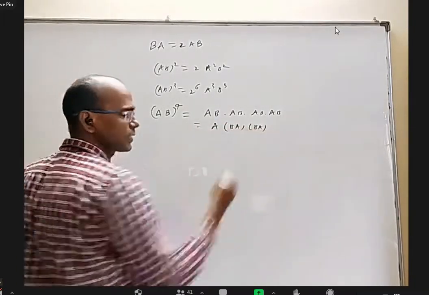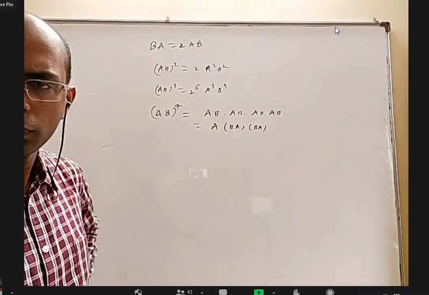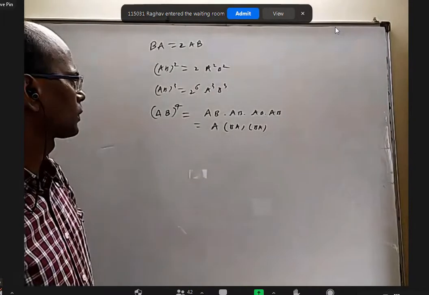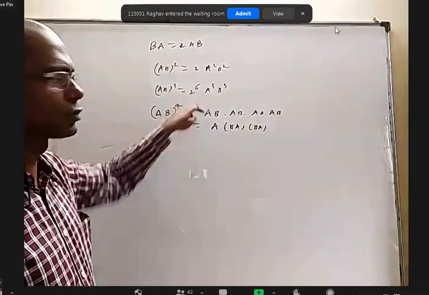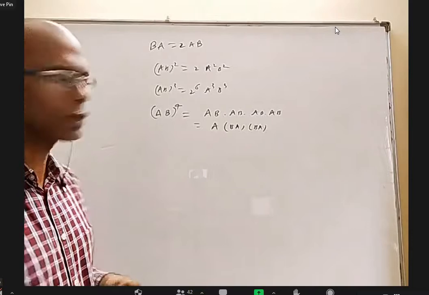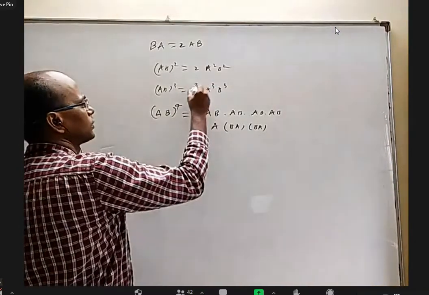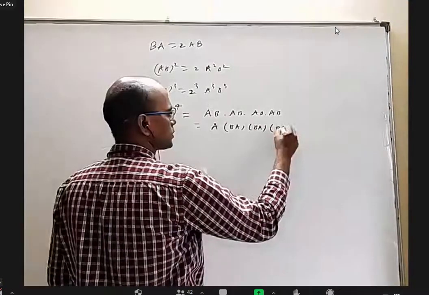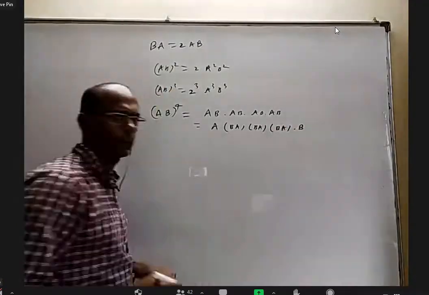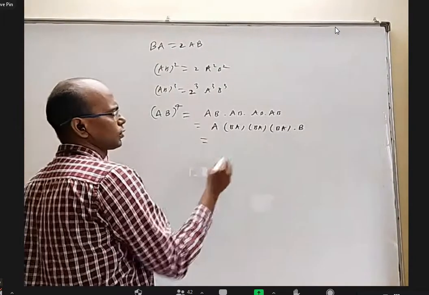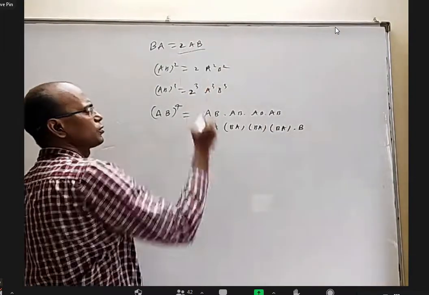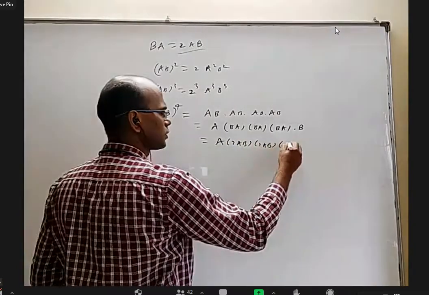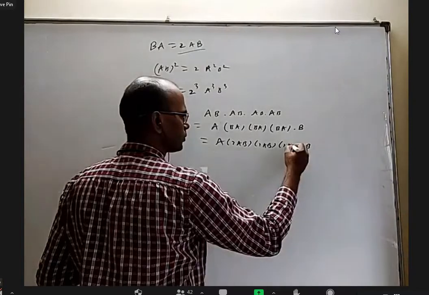Actually, while we are doing (AB) whole cube, we got 2 cubes, sir. Not 2 cubes, 2 power 6. We got 8, sir. Yeah, 2 cubes. This is BA and this is B. So these are 3 things. 3 times I'm going to use this formula. So it will be 2AB, again 2AB, again 2AB into B.